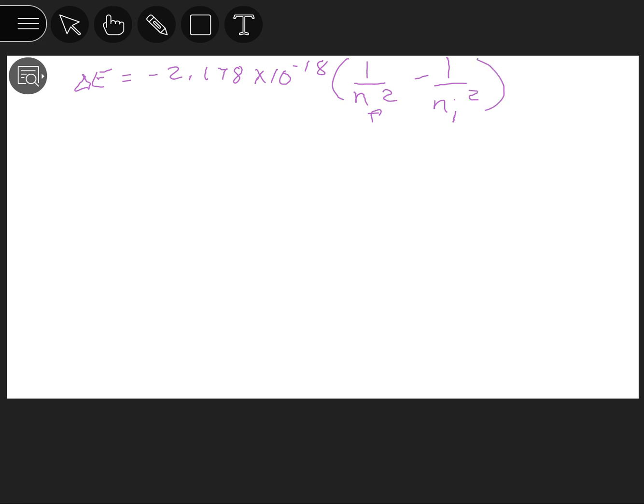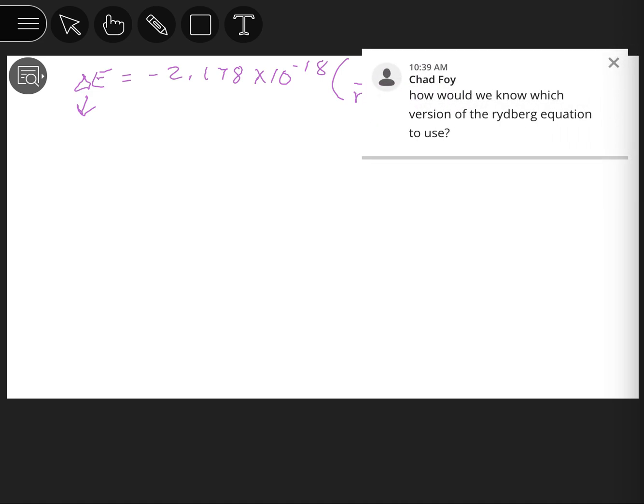This gives you the change in energy, which is the energy of a photon. So let's say we were going from n equals 2 to n equals 3.